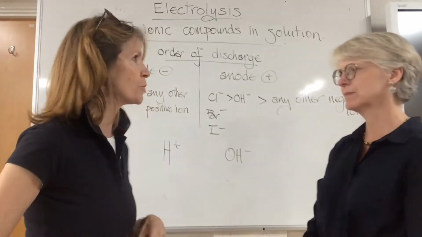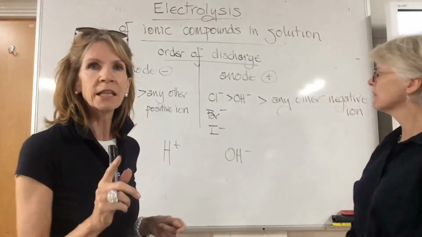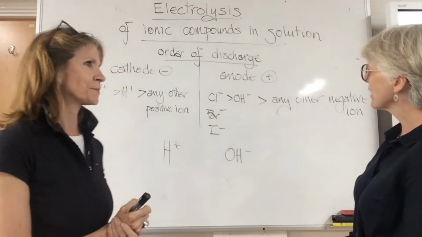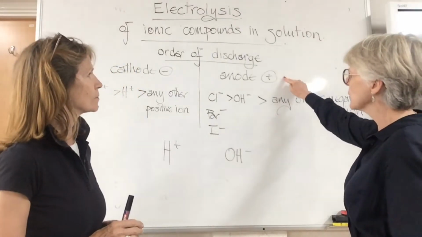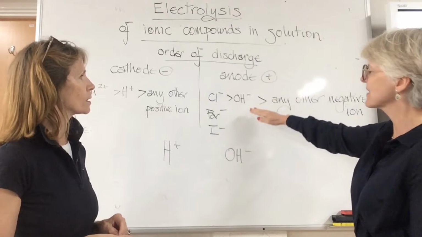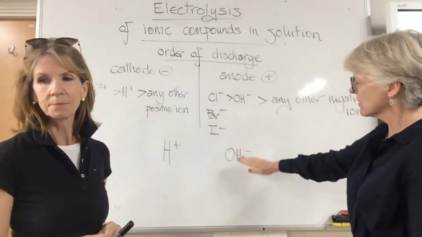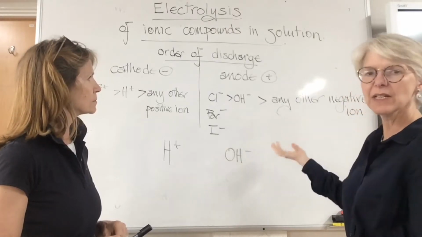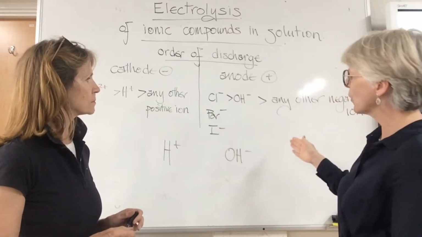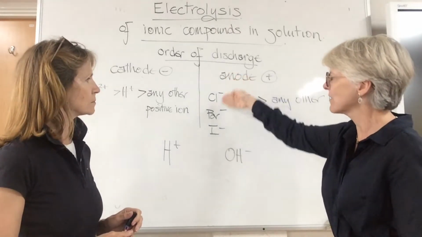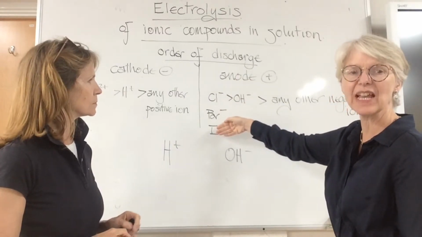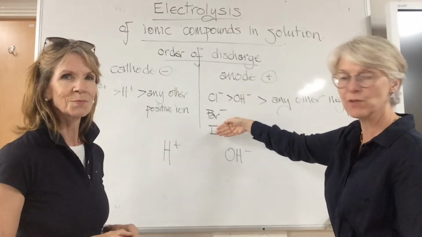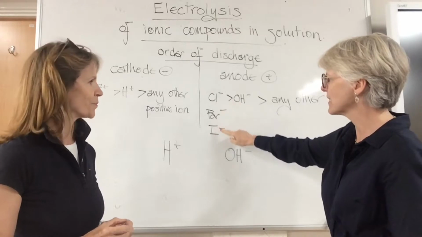Very straightforward. Now we're moving on to the rule for the anode, Dr. Bourne. Right, so the anode is the positive electrode, so it attracts the negative ion. So from the water, we're going to have the hydroxide ion, and we're going to have another ion. Now, commonly you might encounter the halide ions. Those are the ions from the halogens, group 7: chloride, bromide, iodide.